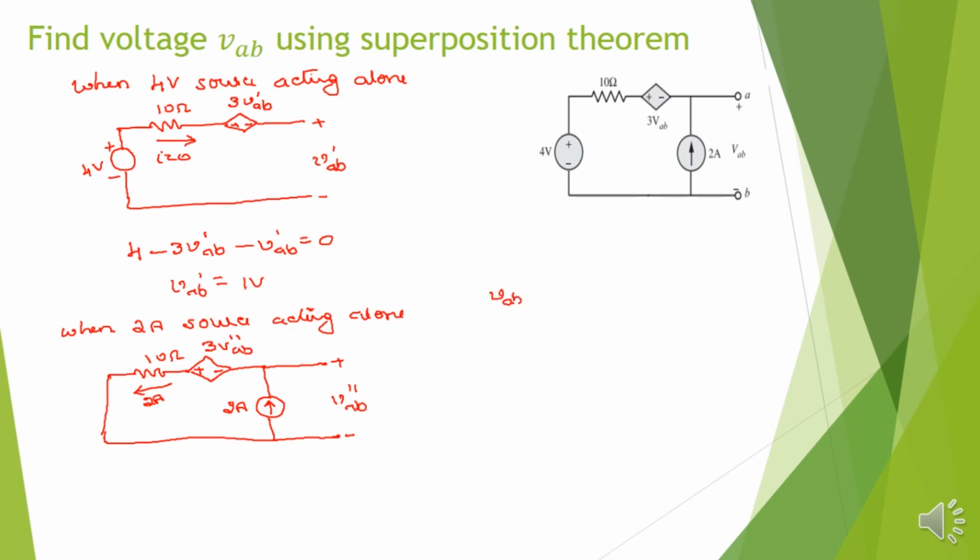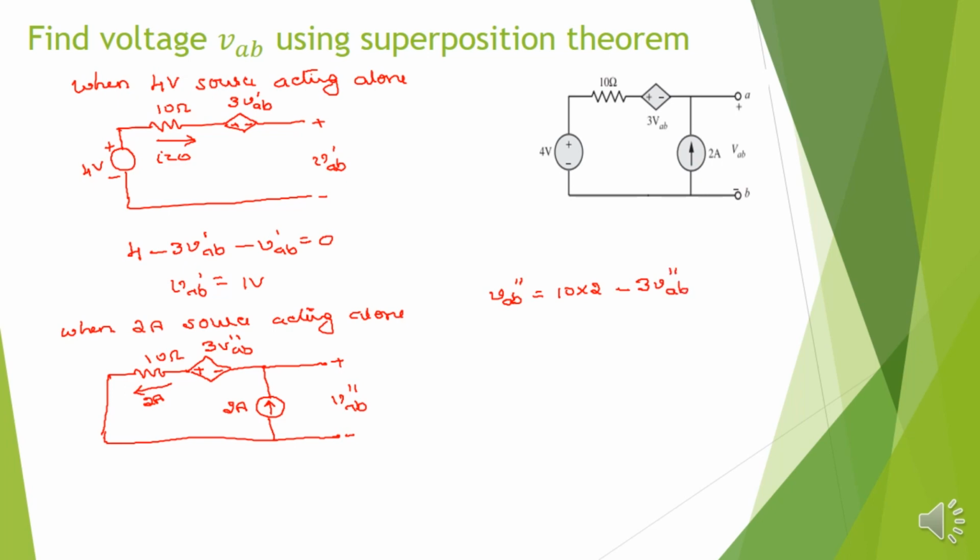This voltage VAB double dash equals, tracing any other path, if I trace from lower potential to upper potential, in the path direction the current is opposite. So 10 into 2, 10 into 2, what happens to this? Plus to minus, voltage falls, so minus 3 VAB double dash.